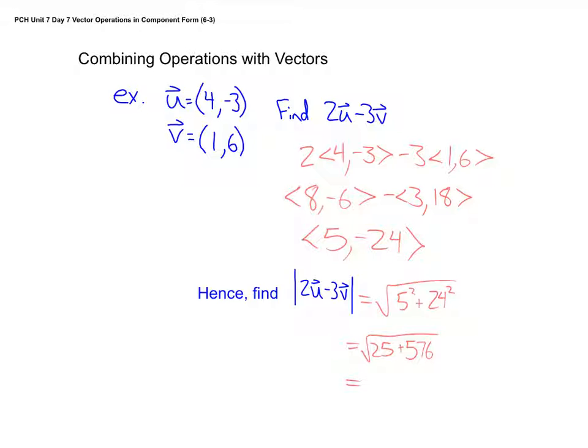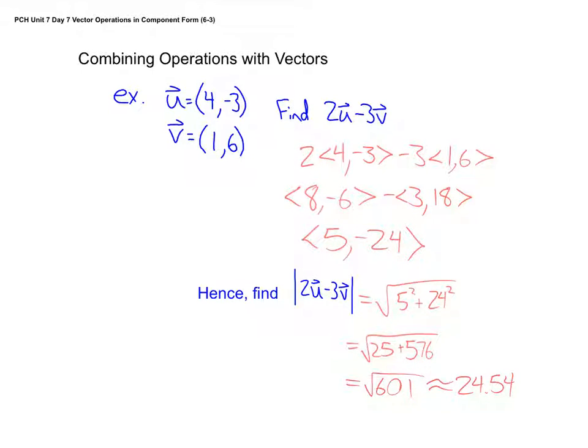So now we add those together, we get 601. So the square root of 601, I don't know if that radical actually simplifies or not. It's about 24.54. So yeah, you can round to 2 decimal places, that'll be fine. Okay. That's quite large.